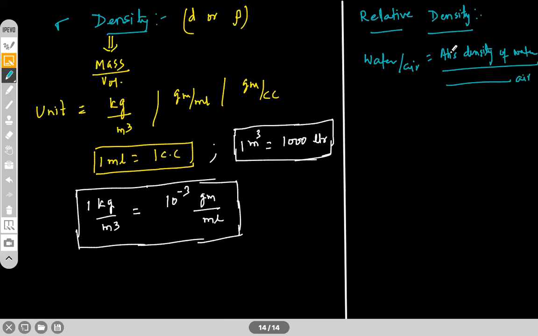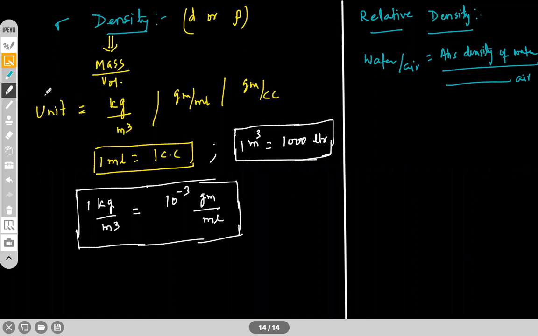This we call the relative density of water with respect to air. Since numerator and denominator both are density, it is unitless, just a number.